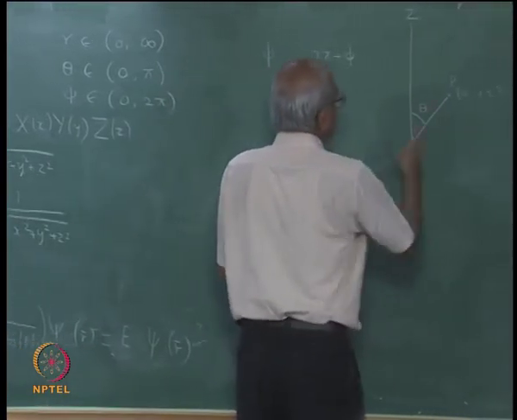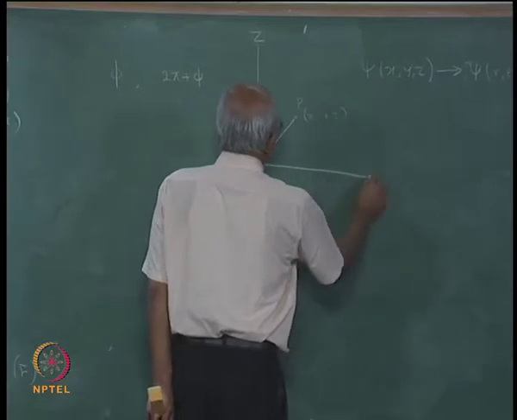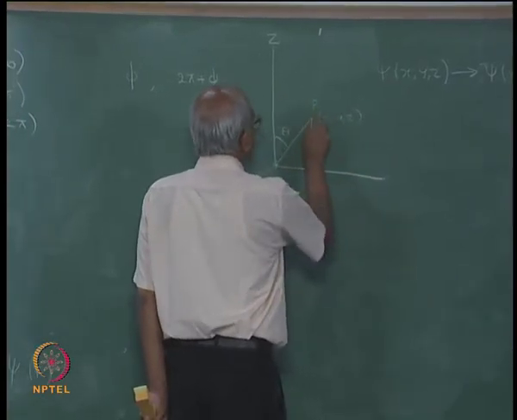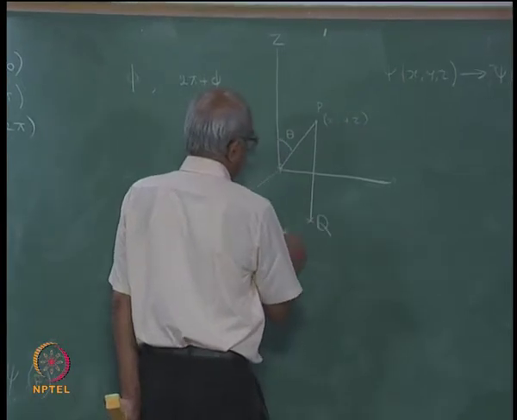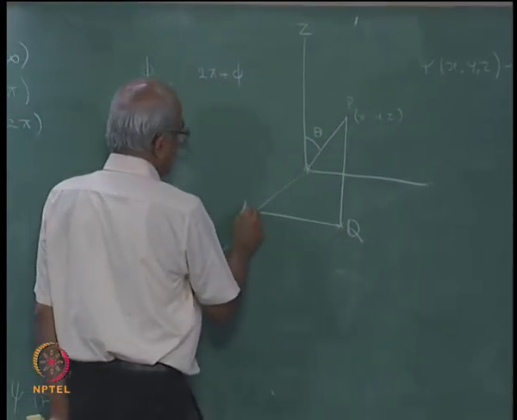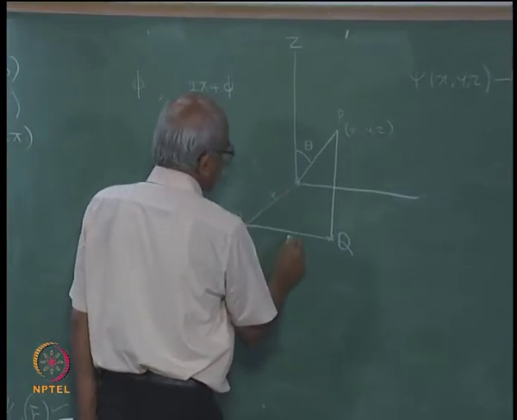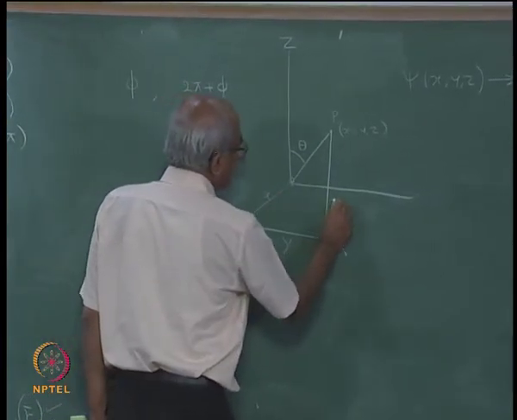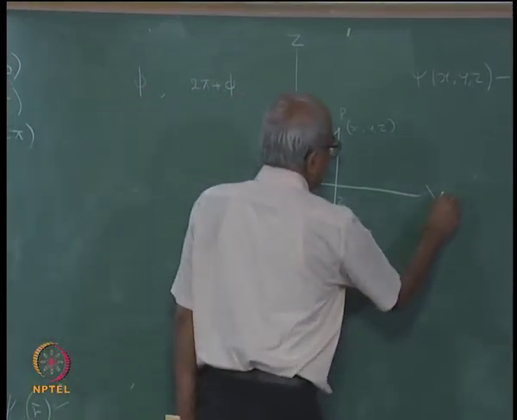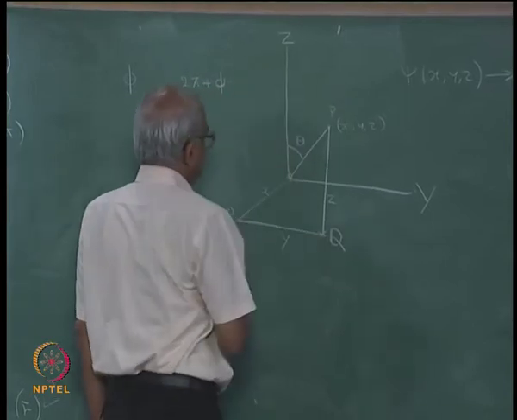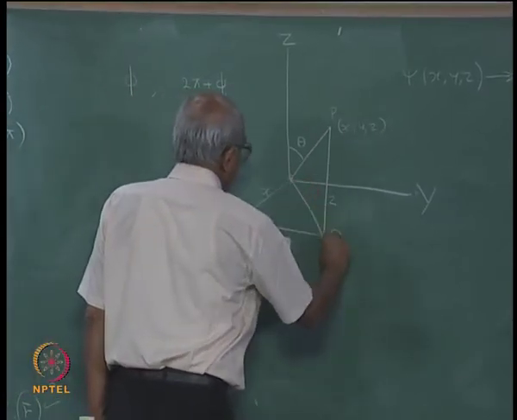Well, this is my point P, and if you remember, I will just mark the coordinates here. This is PQ, and that point is R. This distance is x, this distance is y, and that is z, capital X, capital Y and capital Z. And this angle is phi.